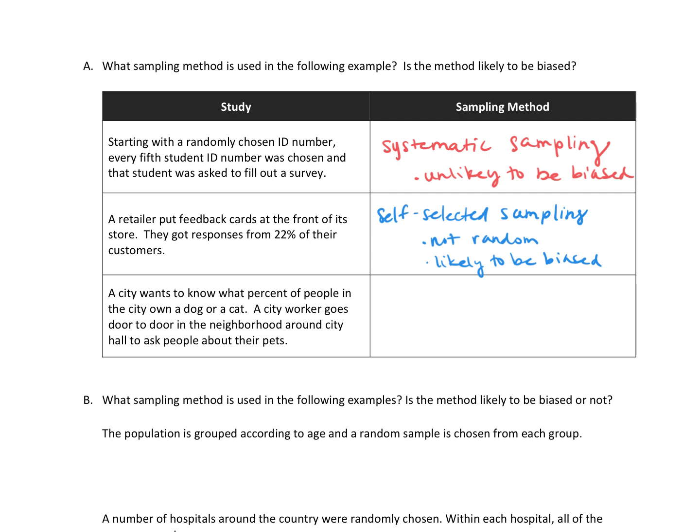It was convenient for them to just sample people in the nearest neighborhood. Does that neighborhood represent the entire city? Not necessarily. So this would likely give biased results. We would want to avoid that.